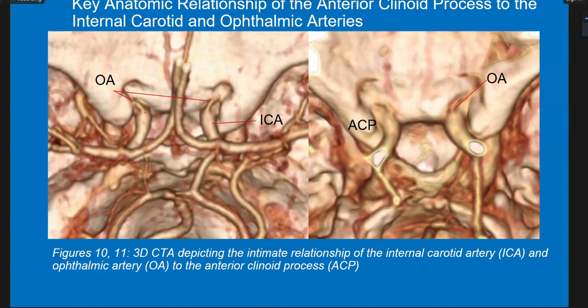You have the takeoff of the ophthalmic arteries, and you have the internal carotid artery intimately related to the anterior clinoid process. And obviously, the proximal segment of the ophthalmic artery would course into the optic canal.